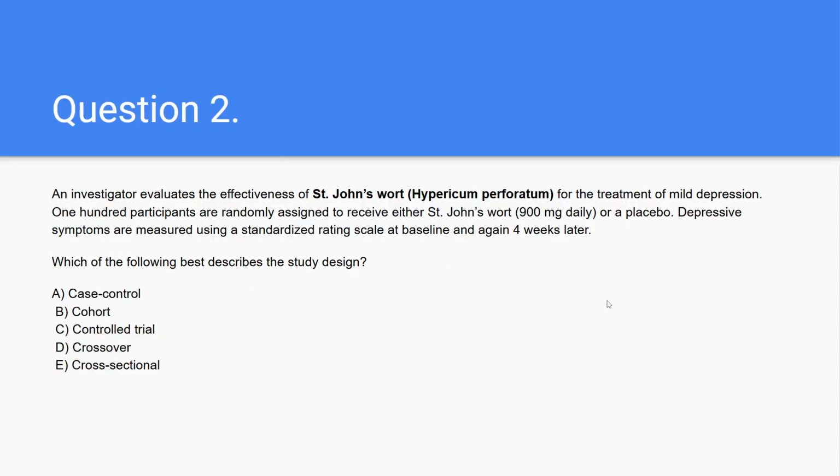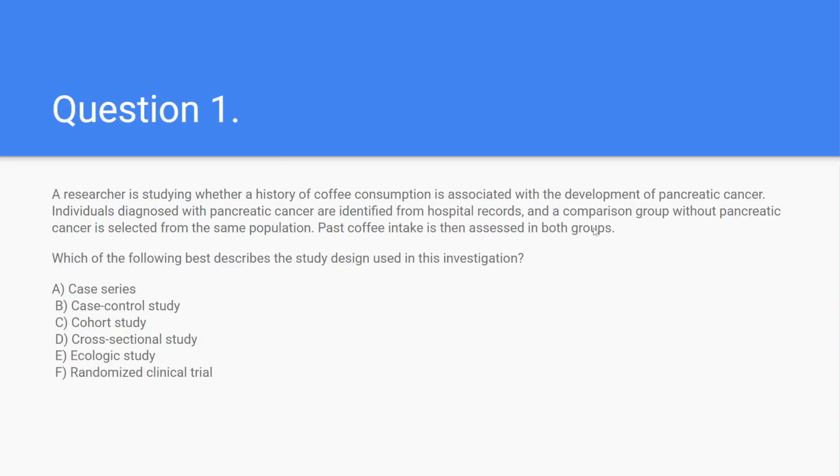Like question one, this question. I feel like this is trying to trick you into thinking that this is cohort, because it's trying to give you some type of exposure, right? But it's just important to know that some people already have the pancreatic cancer, and they're comparing to some people who don't.